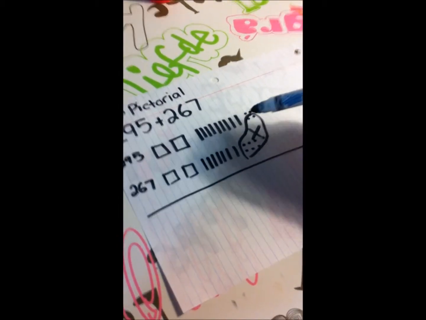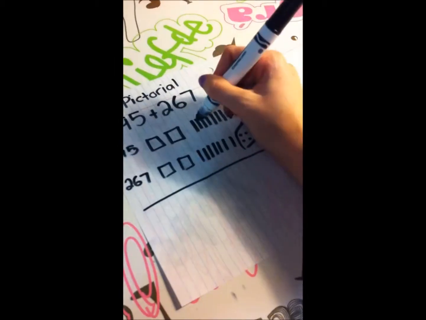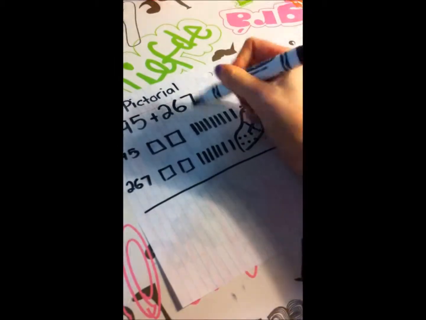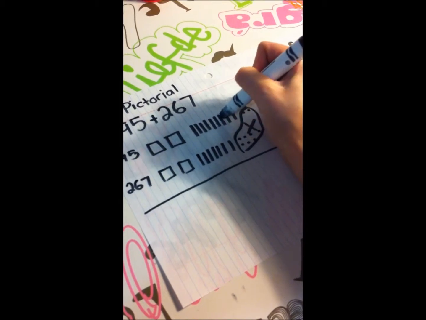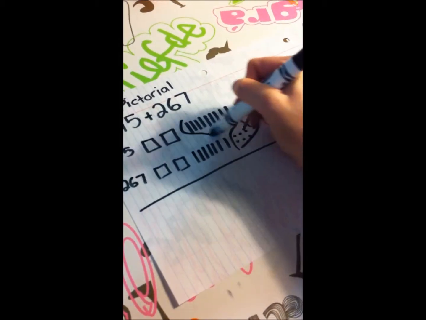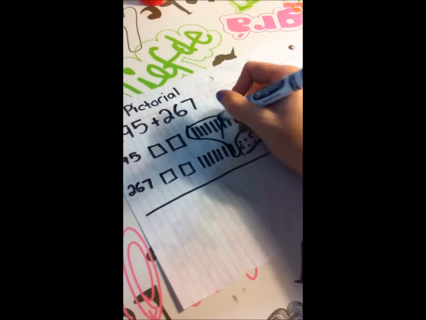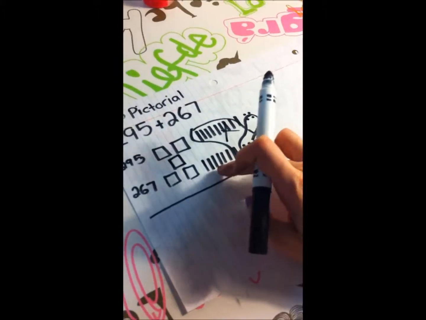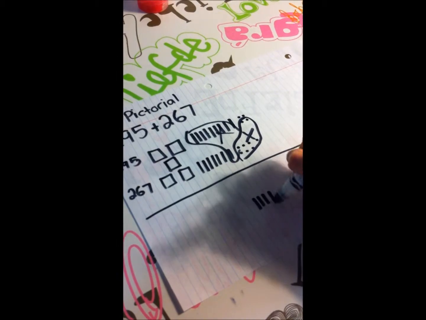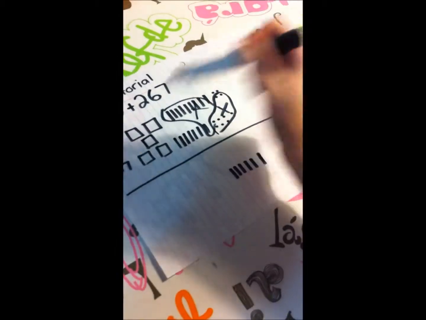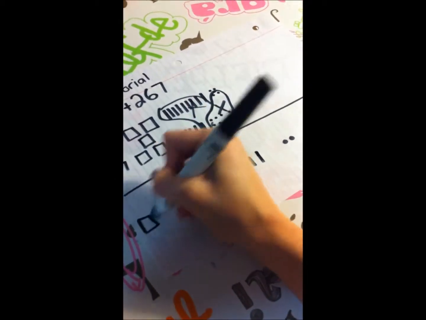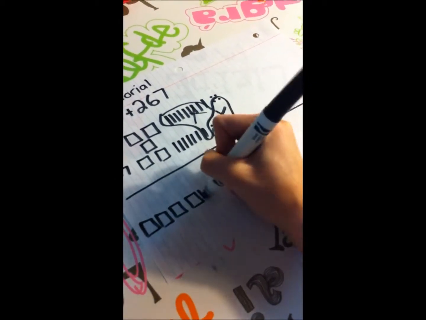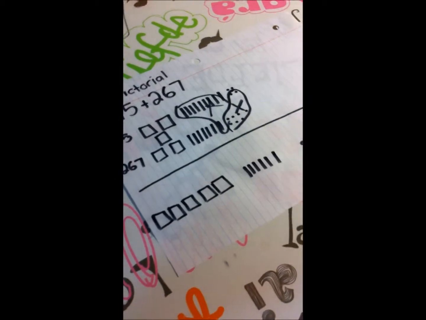And now because I know 10 rods equals a flat, I'm going to group them together. So 1, 2, 3, 4, 5, 6, 7, 8, 9, and 1. So that's 10. So I'm going to trade them for a flat. And then I'm going to bring the rods down, 5, 6. And now I'm going to bring the flats down, 4, 5.